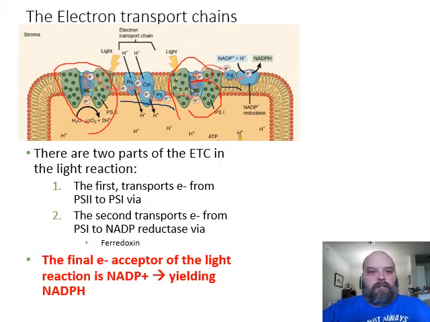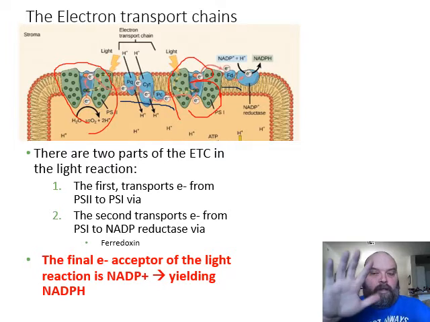Now, photosystem 2 gets hit by a photon of energy, which causes the chlorophyll molecules in the light harvesting complexes to vibrate at a different frequency.